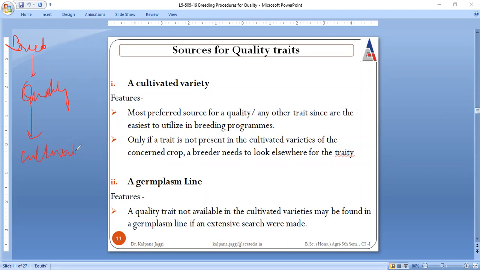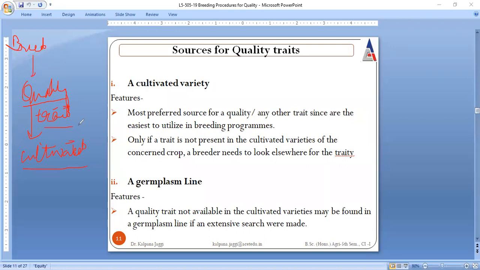The breeder is focusing on the cultivated varieties just because it has that particular quality which we want to be present in our varieties. That means cultivated varieties have a characteristic that is important enough to improve the quality of a species.